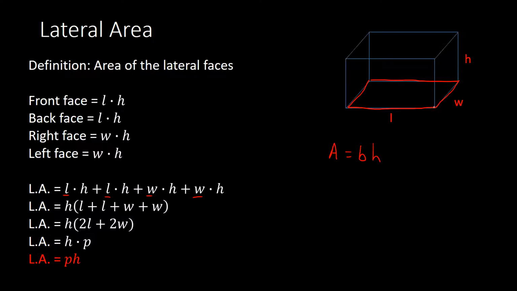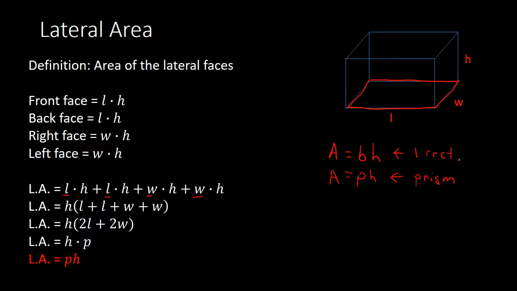And so looking at the base of each rectangle, so the base of this right one, the one in the back, the one on the left, and the one in the front, if we add all those bases together, we get the perimeter. So we get the perimeter of the base times the height. So this is for the prism, and then this is for just one rectangle.